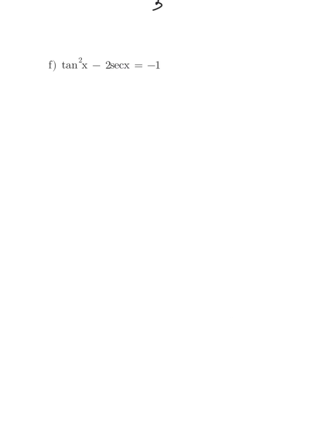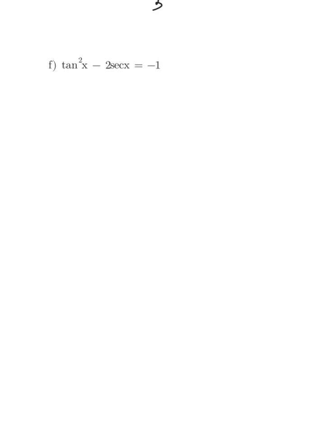Our last example of this type of problem, we have tangent squared of x minus 2 secant of x equals negative 1. Well, notice that we have two different functions, but one's squared. And if you remember, tangent and secant are in the same Pythagorean identity.